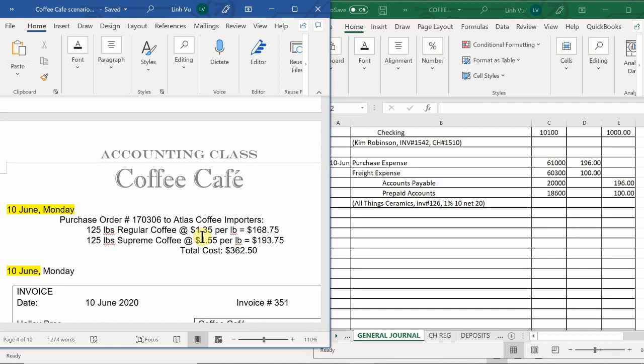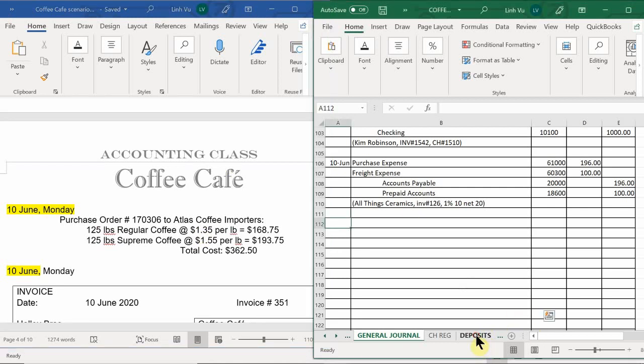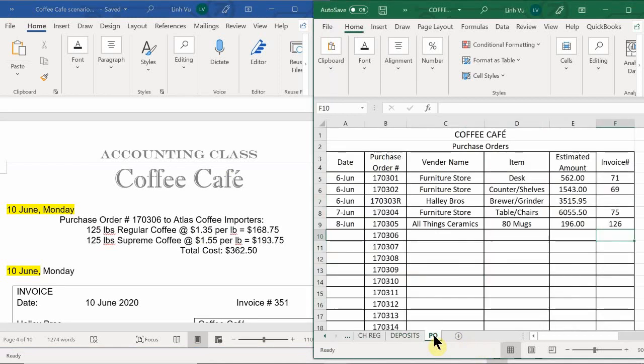When I print that on the computer, it doesn't write the order. Okay, let me add that. So it's a purchase order. Correct. So in this case, we need to go into our purchase orders list, because we have to put it into the system. Just like in QuickBooks, we have the purchase orders little icon.